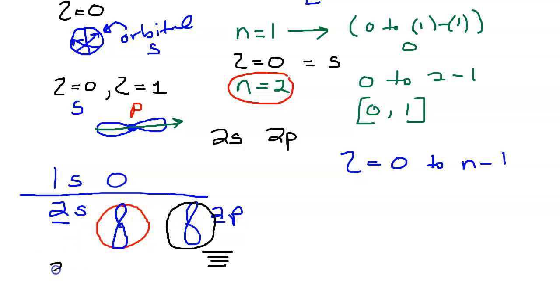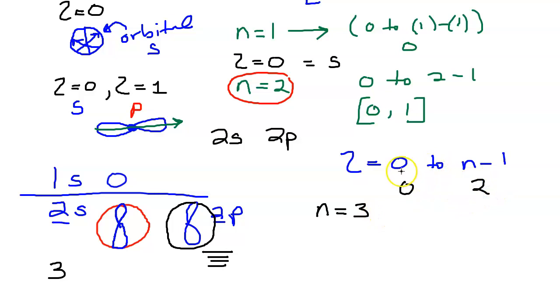Okay, so 2s. Now what about 3s, or the 3 principal energy level? So when n equals 3, what else do we have? Well, put the n in this rule here for the L. This tells us the type of orbitals. What we got is 0 to n minus 1. Now n is 3, so n minus 1, 3 minus 1, will give me a 2.